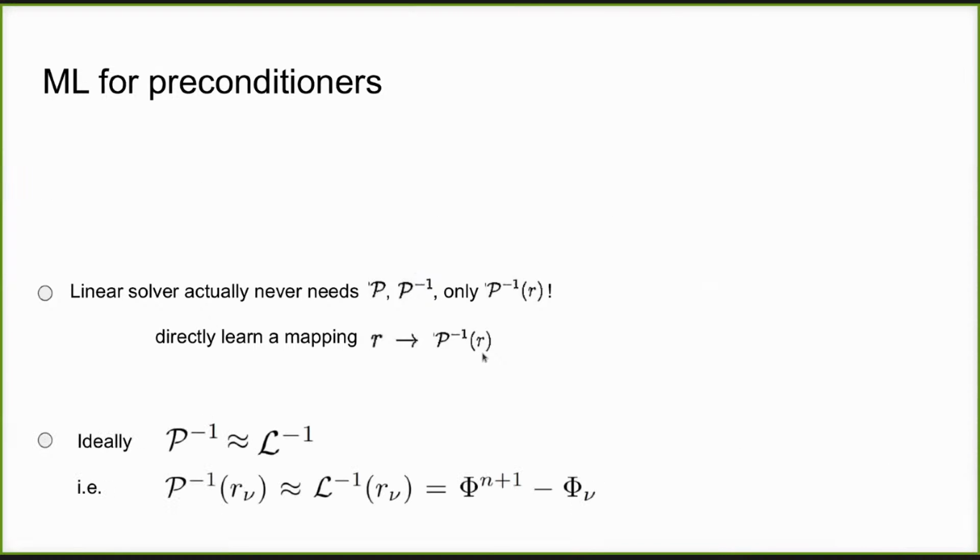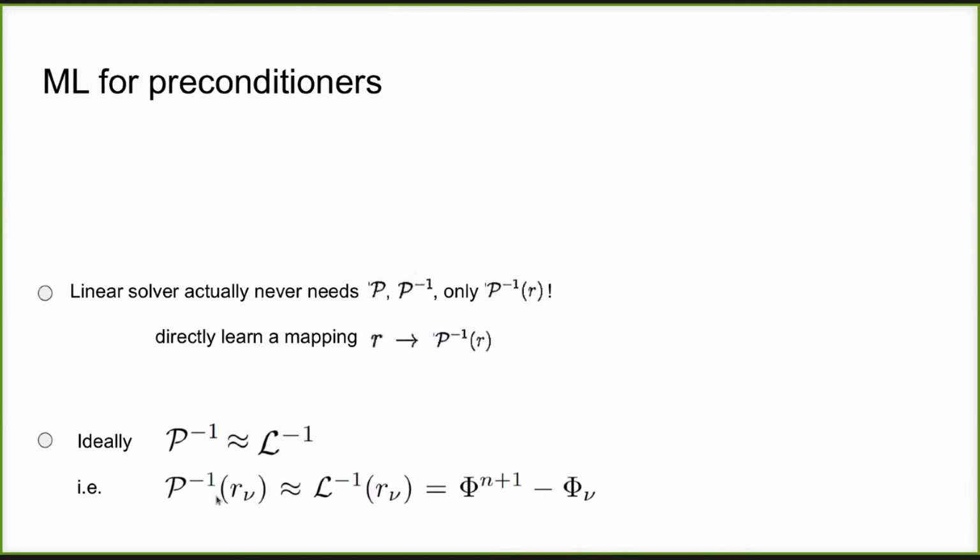And then, what is going to be our training target? What are we training the network with? What is it supposed to do? We already said a good preconditioner has this property: it's close to the original linear system, so that its inverse is close.